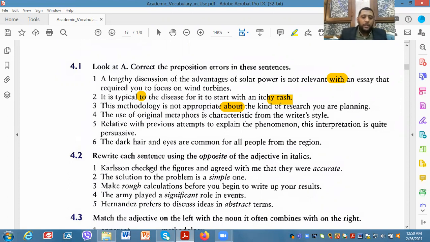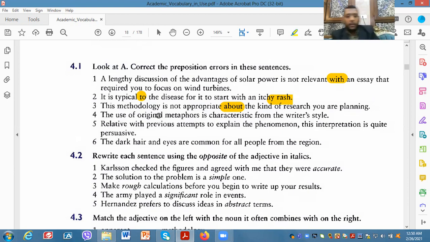Number 4, the use of original metaphors is characteristic from the writer's style. So again, we have a preposition here that must be corrected.